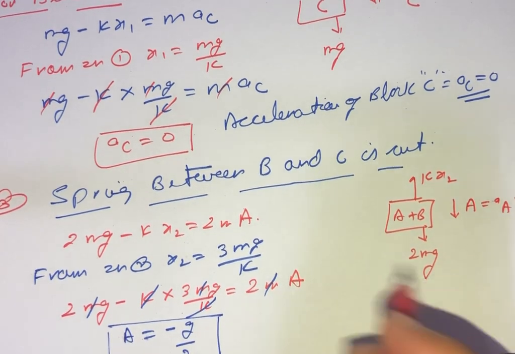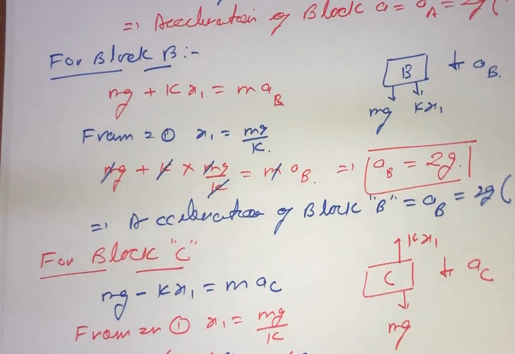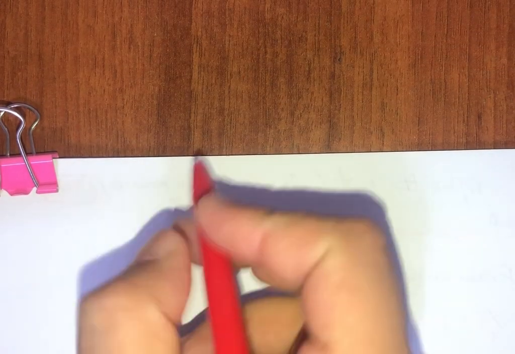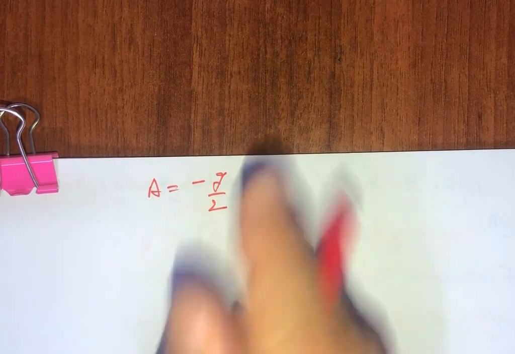So we can say that the acceleration is coming as minus g by 2.